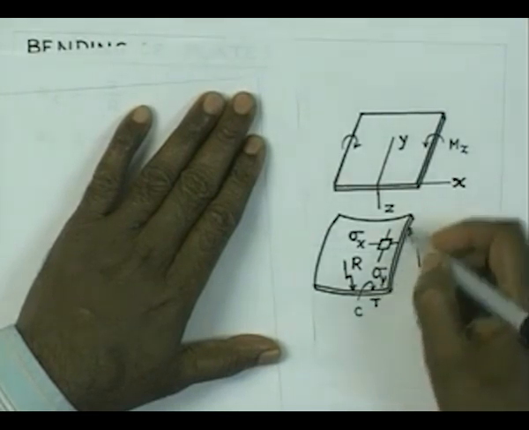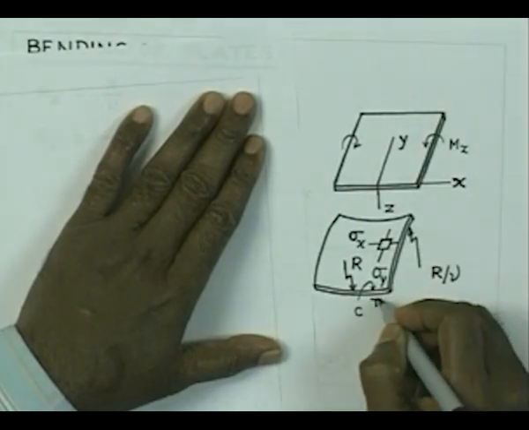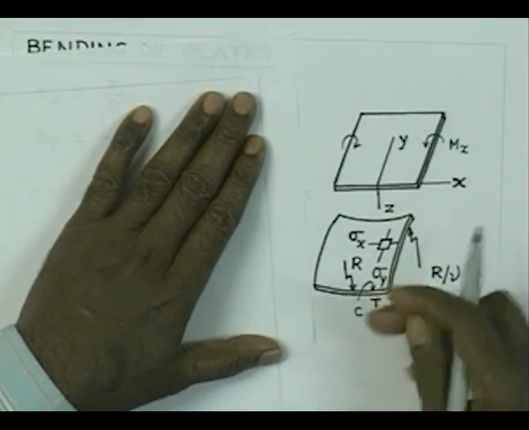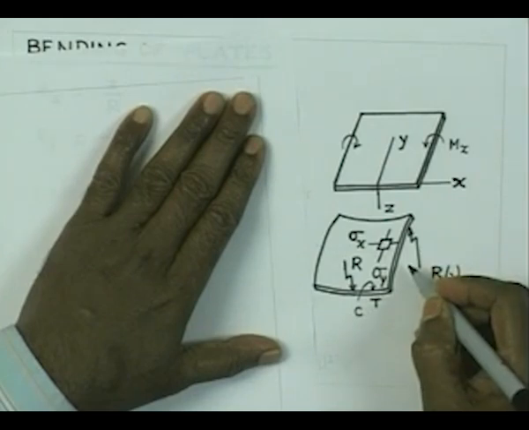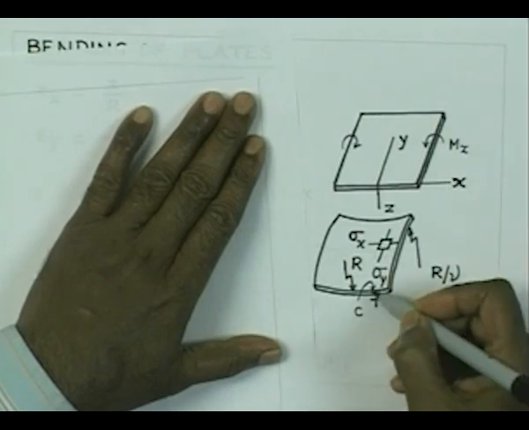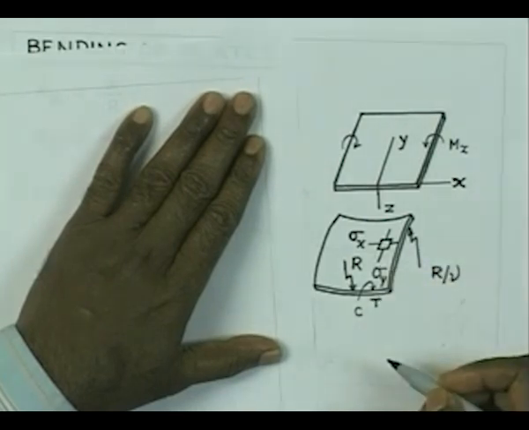When the plate dimension here is substantial, what you find is that when it is trying to get stretched at the bottom fiber, in the direction perpendicular, in this direction there will be contraction, and since there is compressive at the top fiber, in this direction there will be extension at the top.